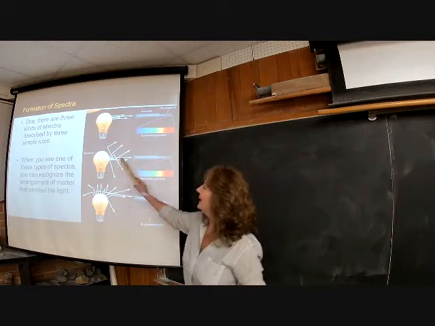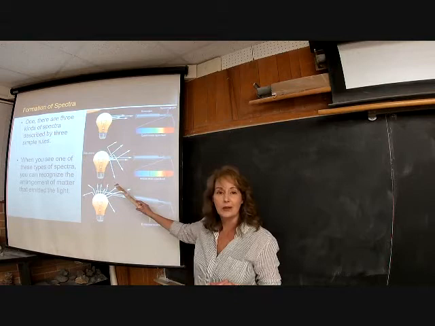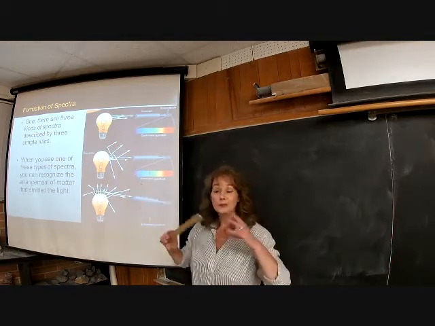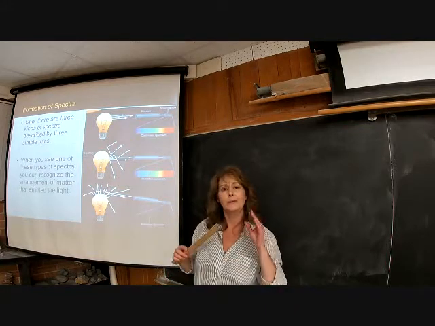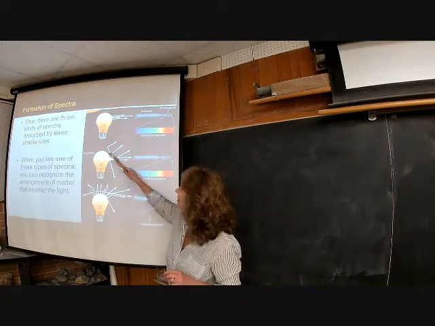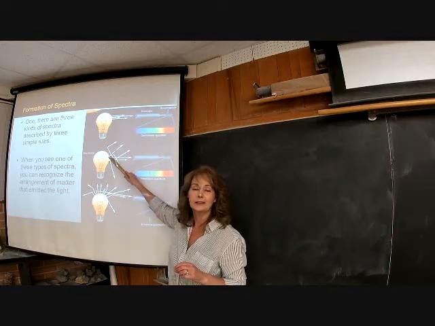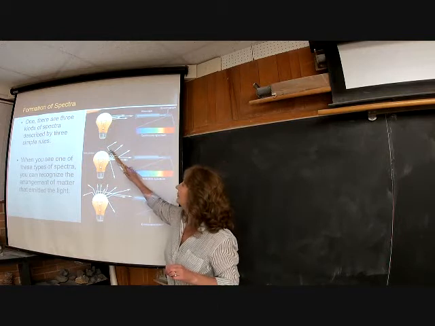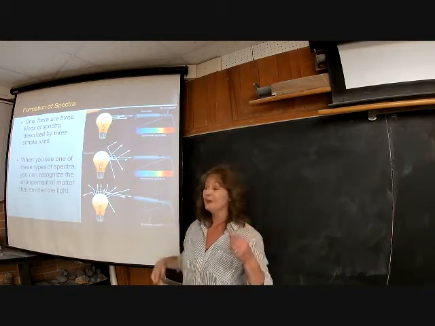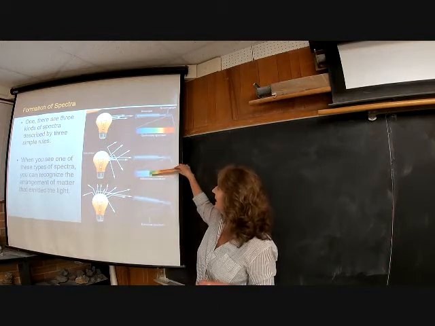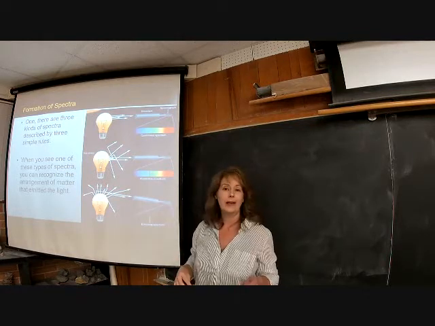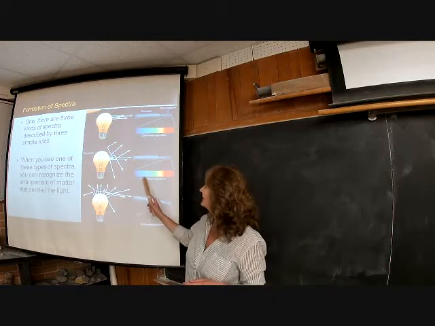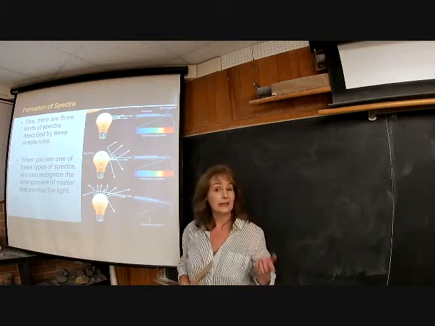But now let's say we had a bunch of gas atoms around that light bulb. Those excited gas atoms are going to absorb some of the wavelengths of this light bulb that's trying to get to our spectroscope. So those gases are absorbing certain wavelengths, and those are going to show up as little dark bands, these absorption lines, because of the interference of the excited gas.